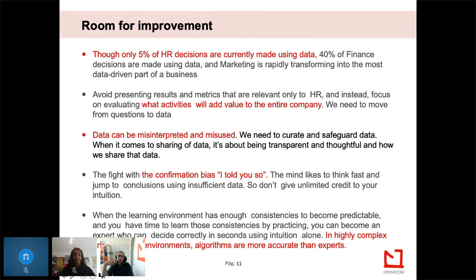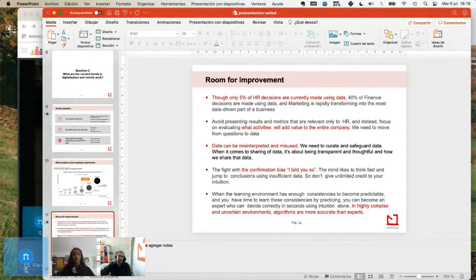So we need to build algorithms in order to create really good knowledge and good actions from that knowledge, because the complexity we are living in is no longer suited to relying only on the expert to help us make the best decision. So those are some of the considerations that we can find in the short term.